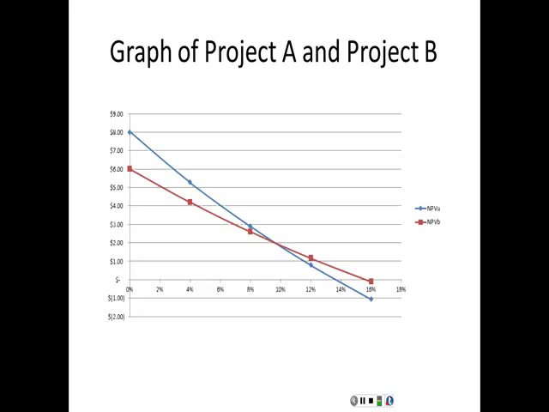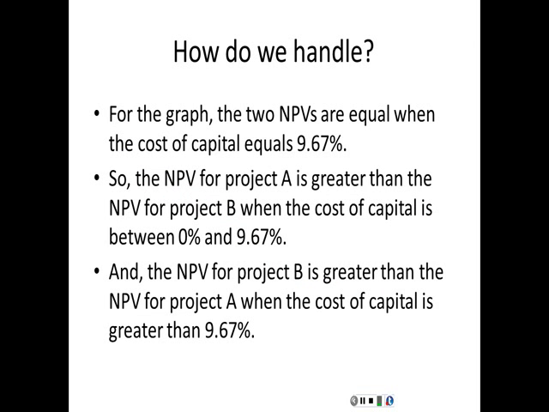And after that point, we switch and we go to Project B. So from 9.67% on, we would take B over A. Notice I'm sort of tracing a line here. And we keep taking B until we hit its internal rate of return. You know, we never take a project just to take it. It would have to have a positive NPV. So review this slide again, hit pause perhaps, make sure you understand the rationale.